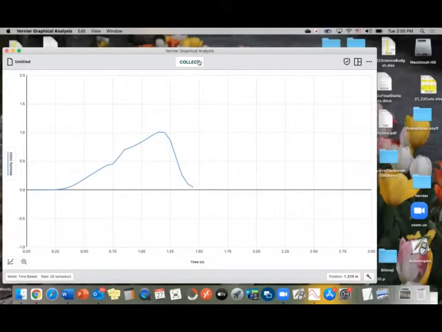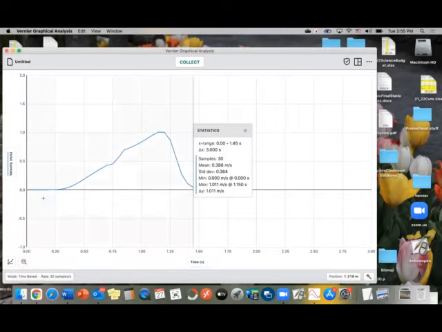So we got a nice graph here. Let's see, clicking here and viewing statistics. The very first velocity is right here, 1.011 meters per second. Hold on, let me get a piece of paper so I can write it down.